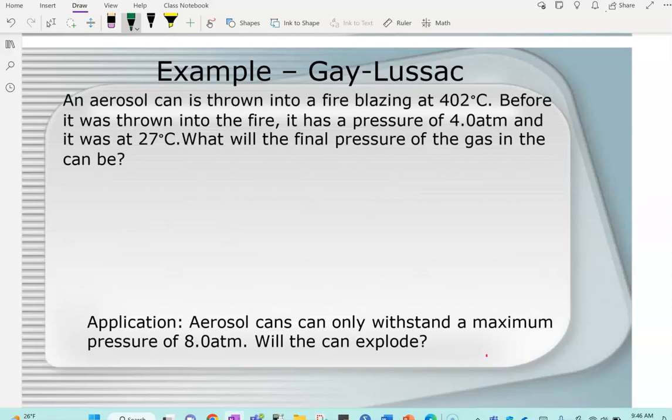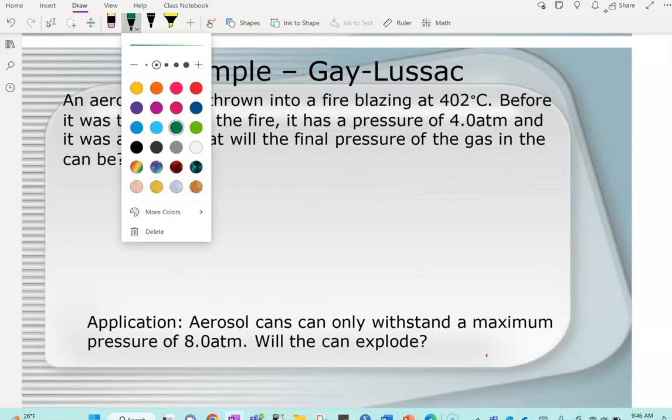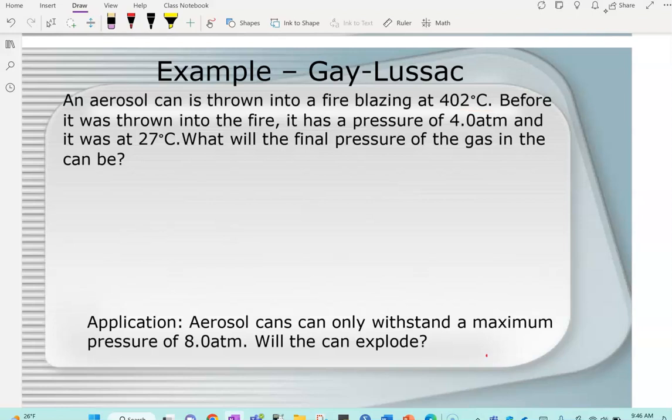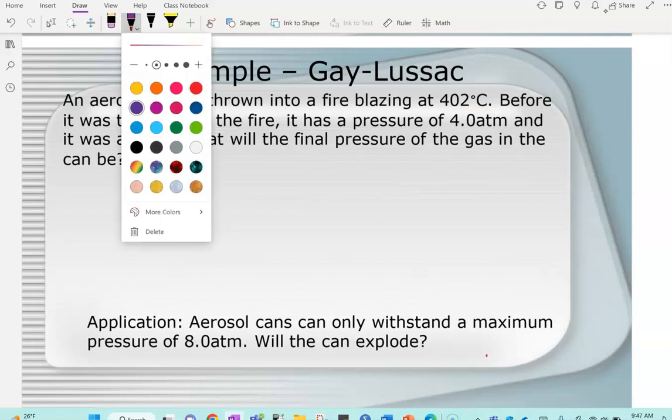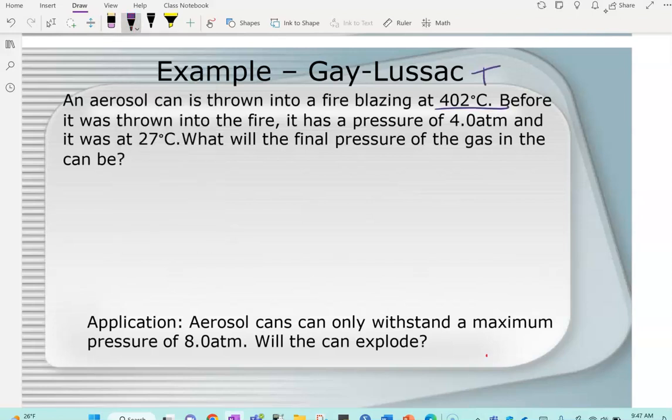This is why. So let's say an aerosol can is thrown into a blazing fire, okay? So this is going to be our T2, because that's after throwing it into the fire. That's the final.